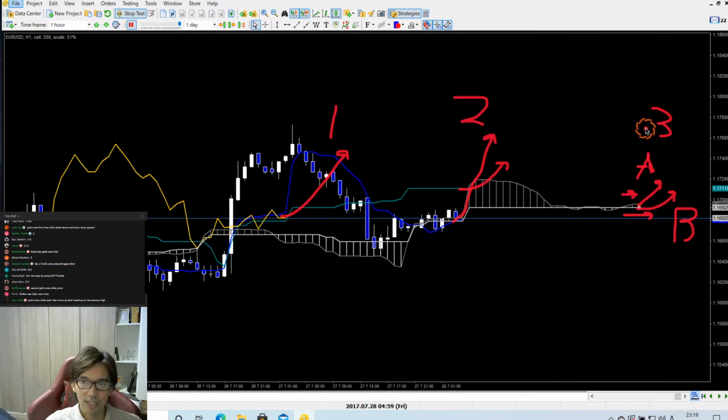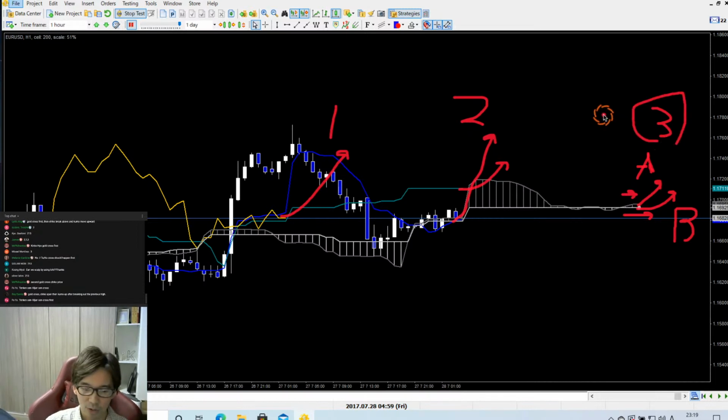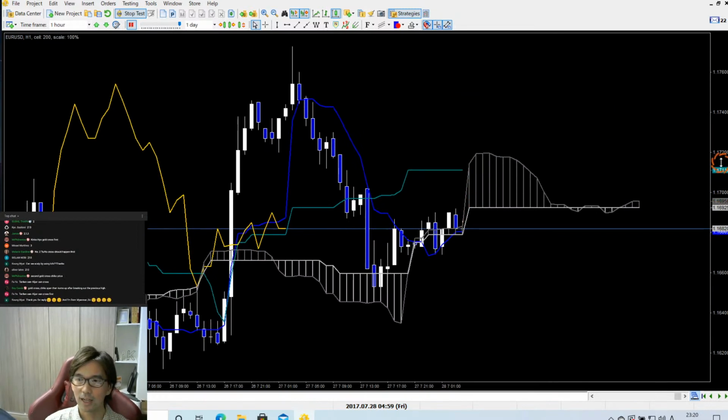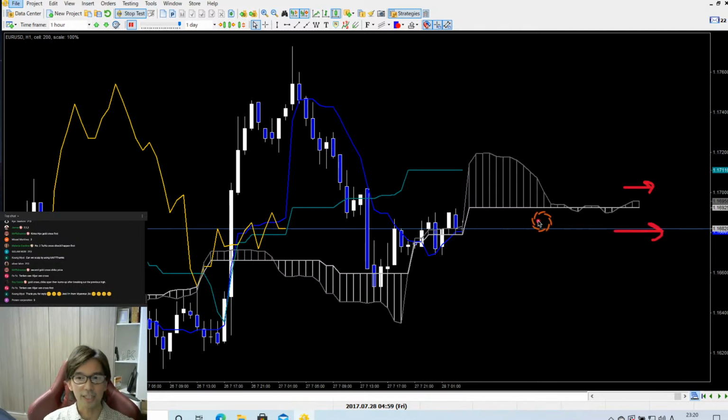I think number 3 comes first, because right now Senkou Span A is flat technically. If I enlarge a bit, you can see that Senkou Span A and B are flat at the moment. But if the market gradually moves up this way, then Senkou Span A will go up first, and then Tenkan-sen will follow the market and twist the Kijun-sen upwards.